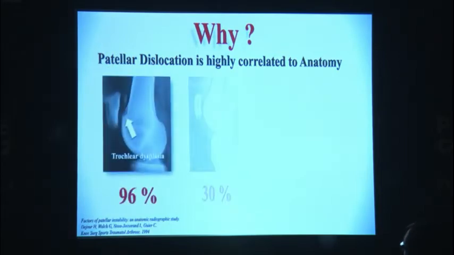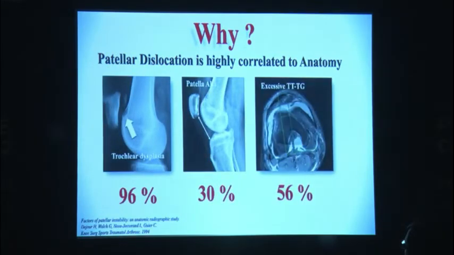And why is it important? Because it's highly related to anatomy. All the dislocations are related to anatomy. If you have a patellar dislocation population, 96% will have a trochlear dysplasia. 30% will have a patella alta. 56% will have an excessive TTTG.